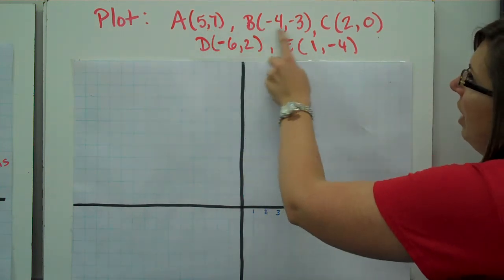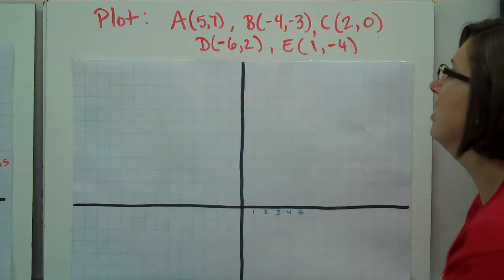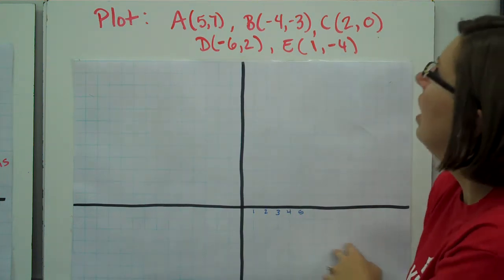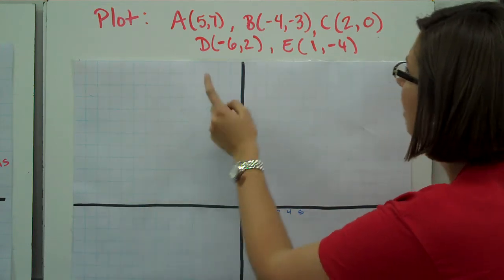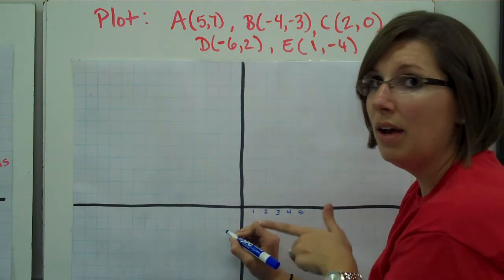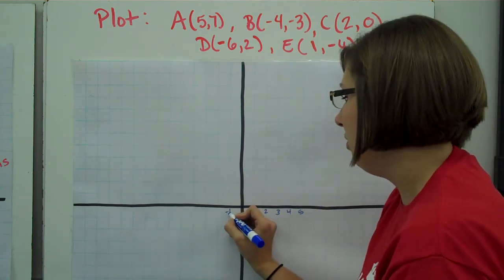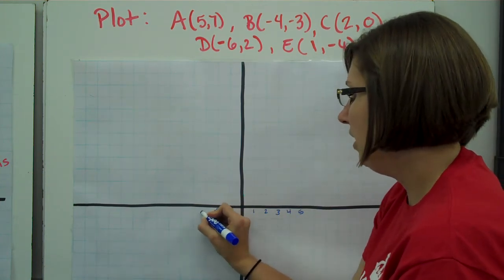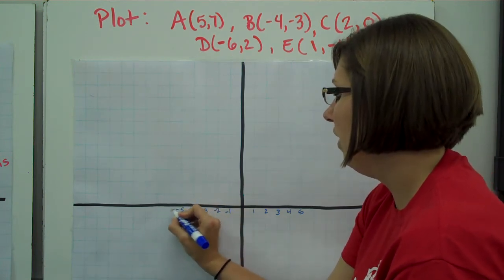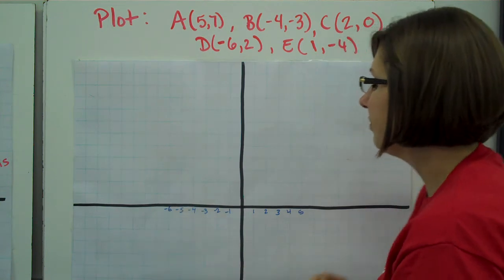And if I look at my x coordinates, none of them exceed 5, so I'm just going to stop. I'm not going to waste my time. And then on the x-axis, I'm going to go all the way down to at least -6. So I'm counting in the negative direction on my number line: -1, -2, -3, -4, -5, -6.